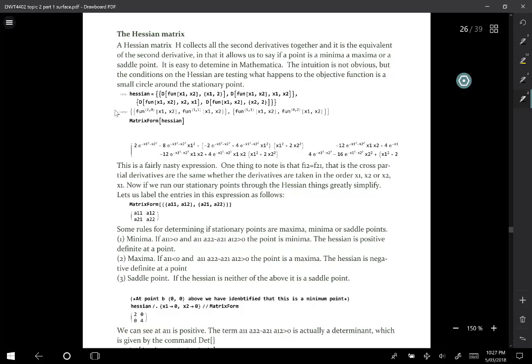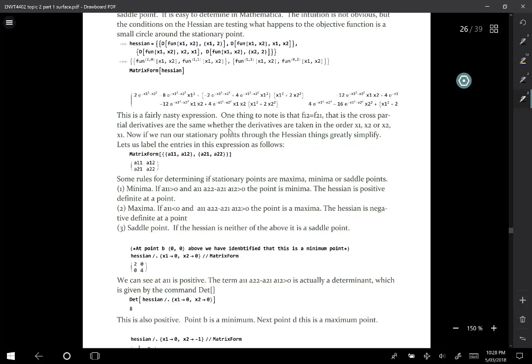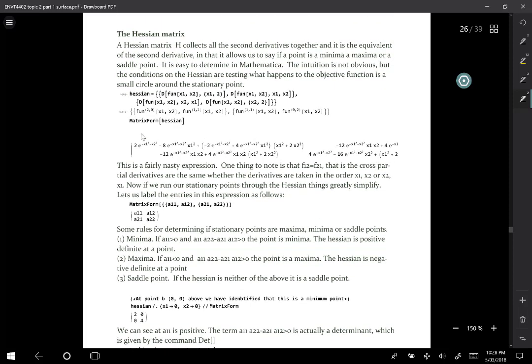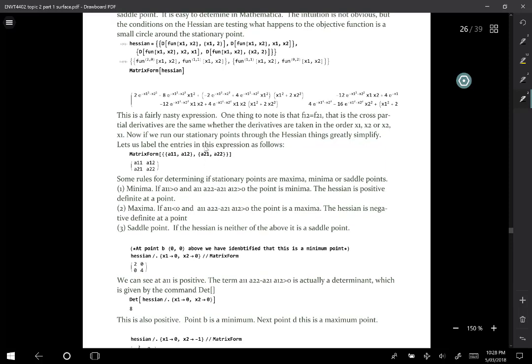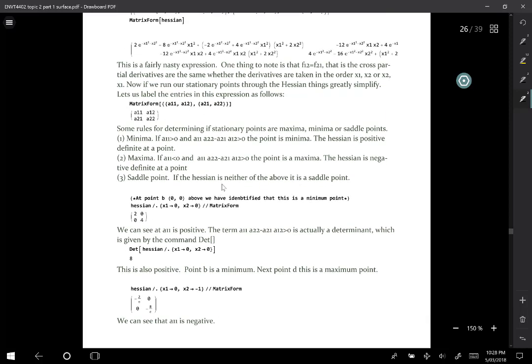So for the Hessian, we have to take the second partial derivatives for x1, the second partial derivatives for x2, and the cross partial derivatives. That's the derivative of x1 with respect to x2 and x2 with respect to x1, and these two are symmetrical. They're always the same. And so we get this very complicated function here, which you don't need to worry about.